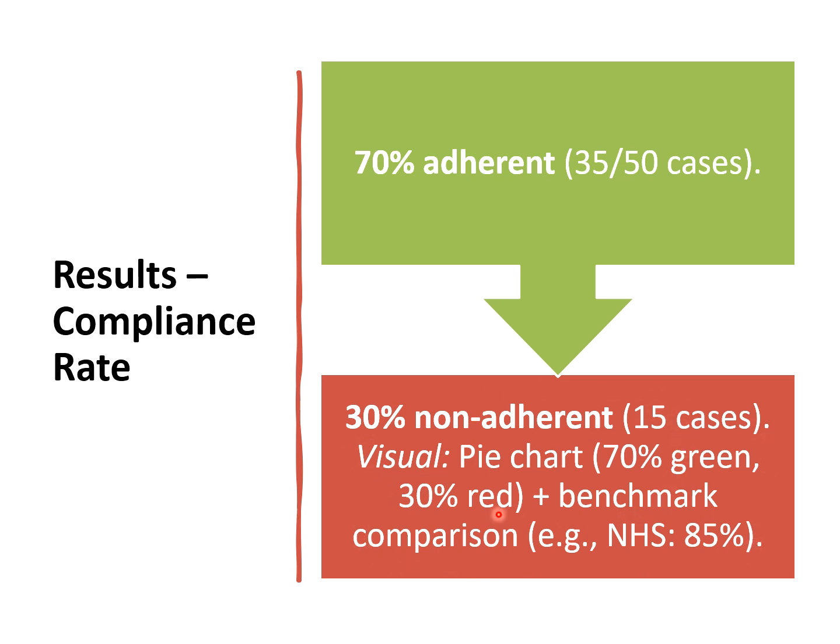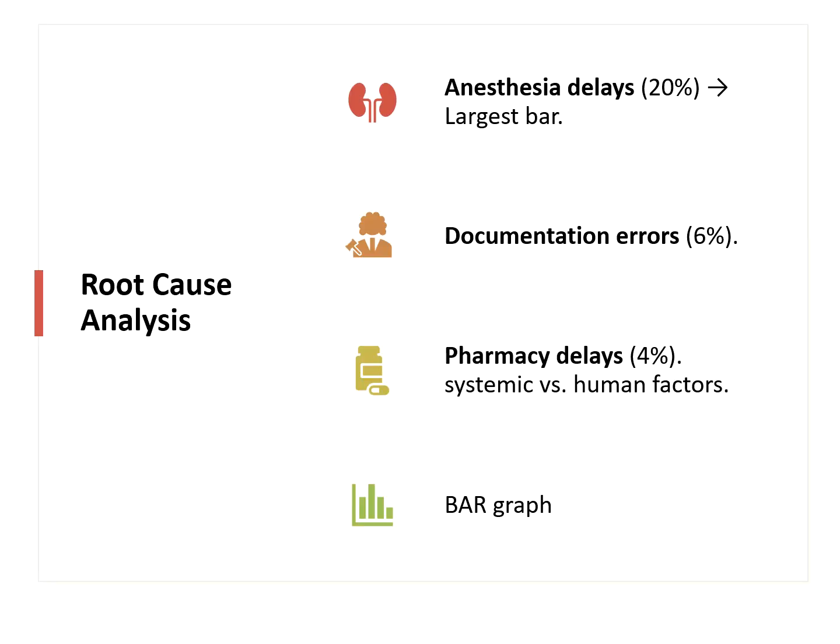You can present it in the form of a pie chart, or you can give a benchmark comparison, and root cause analysis can also be conducted. You can show anesthesia delays, which we assumed were 20%. So the largest bar will be anesthesia delay in root cause analysis.